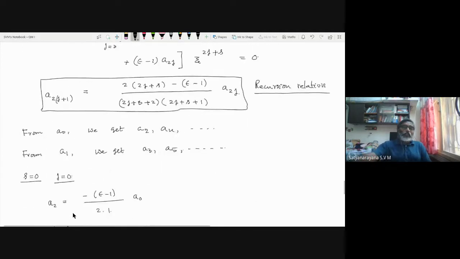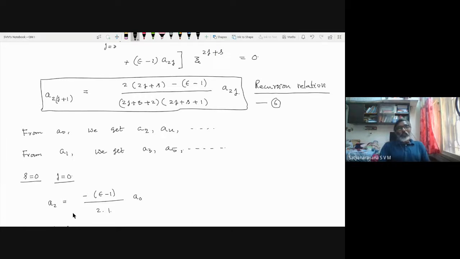Now look at this expression, maybe we'll call this equation 6. As j goes to infinity, this epsilon minus 1 can be neglected, s can be neglected, this becomes 4j.